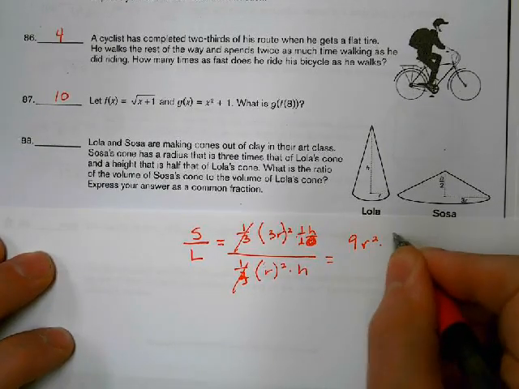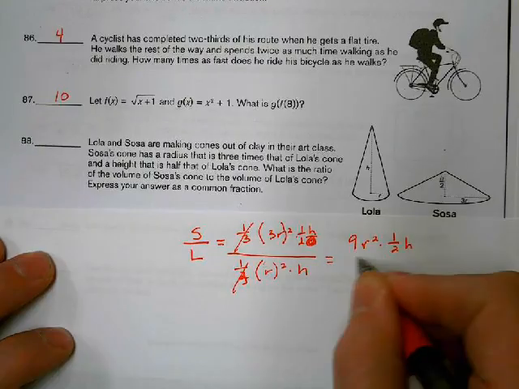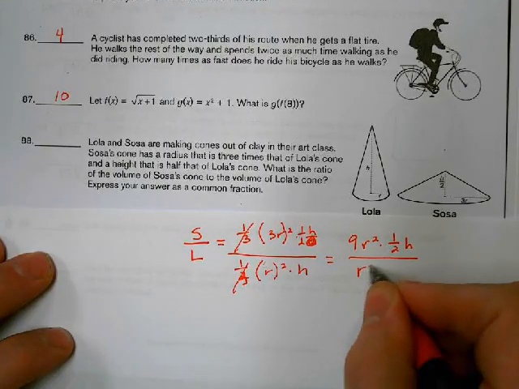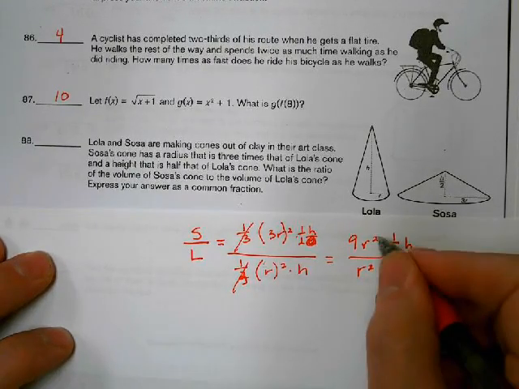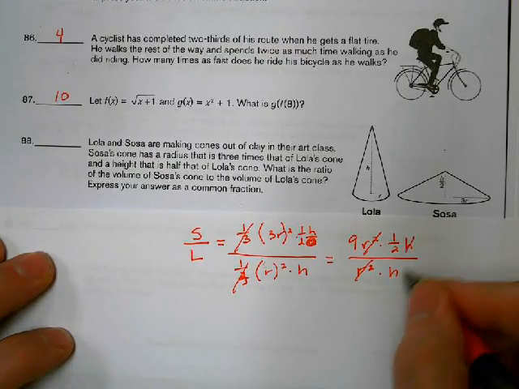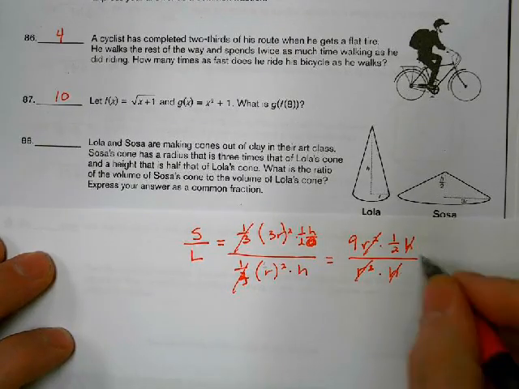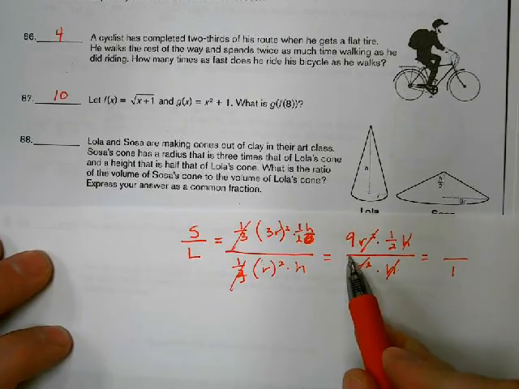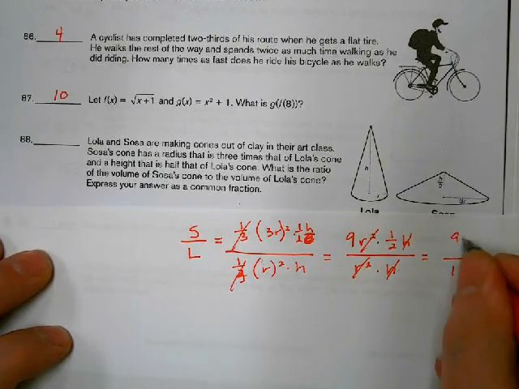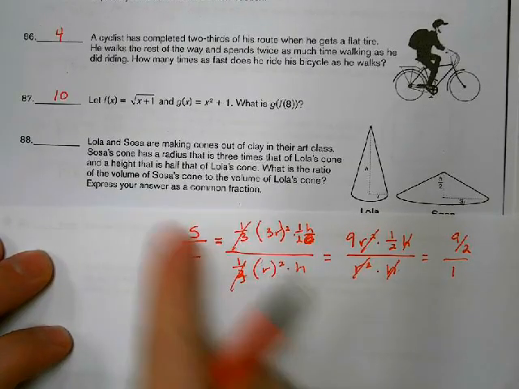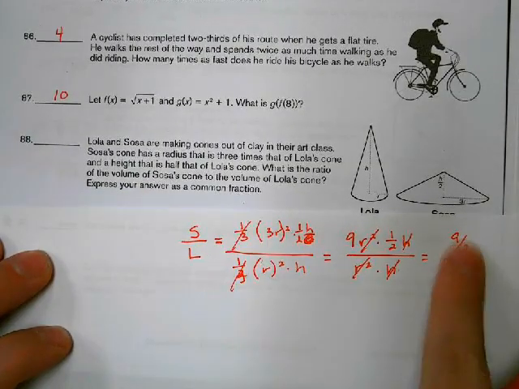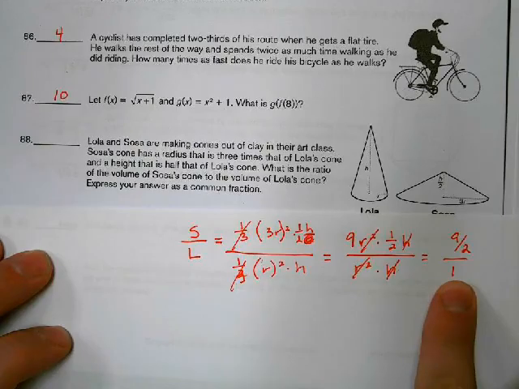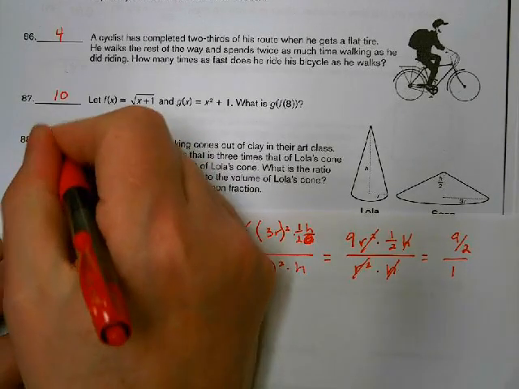Over here, I've got r squared times the height. So the r's cancel, the h cancels. What am I left with? Well, in the denominator, I'm left with 1. In the numerator, I'm left with 9 times 1/2, or 9/2. Write it as a common fraction. It's 9/2 to 1 as our ratio, so 9/2 is our answer. Is that the answer? That was the answer. Good.